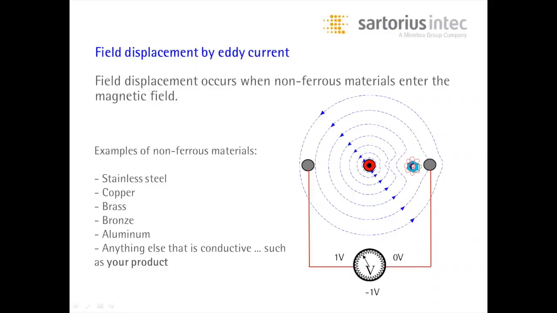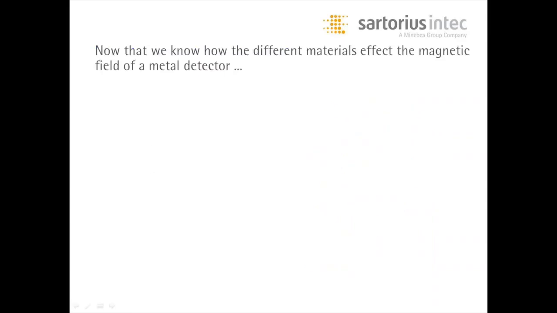And these two fields oppose each other, and it expands the electromagnetic field, or actually displaces the field. In any case, there's still an offset in voltage, so we have a different voltage. So these are the two ways a metal detector is affected by contaminations, conductive materials.